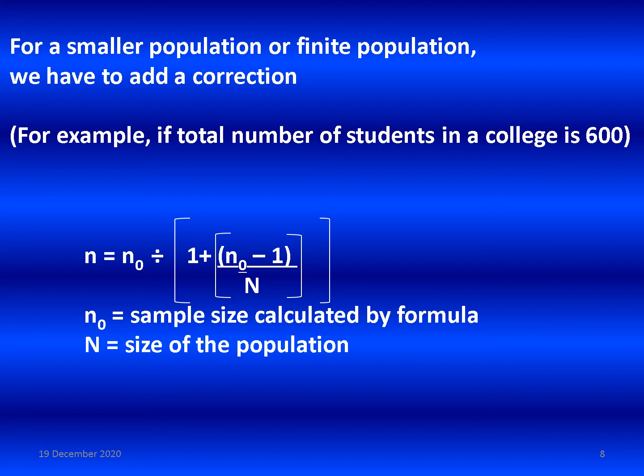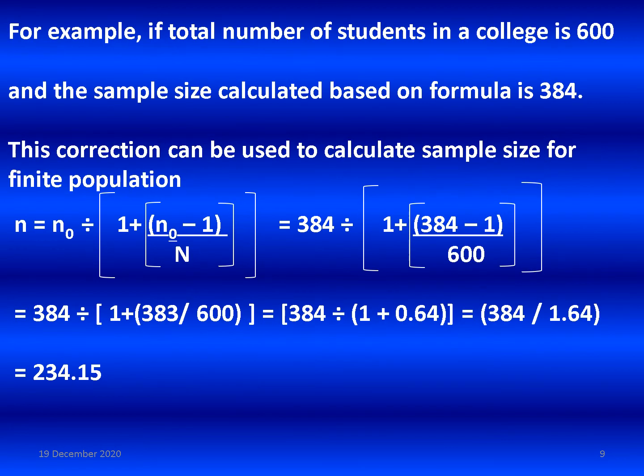Now we can see one example, then it will be very clear for you. For example, if the total number of students in a college is 600 and the sample size calculated based on the formula is 384, we can apply this correction formula because the population is small and the sample size should be corrected based on the finite population.